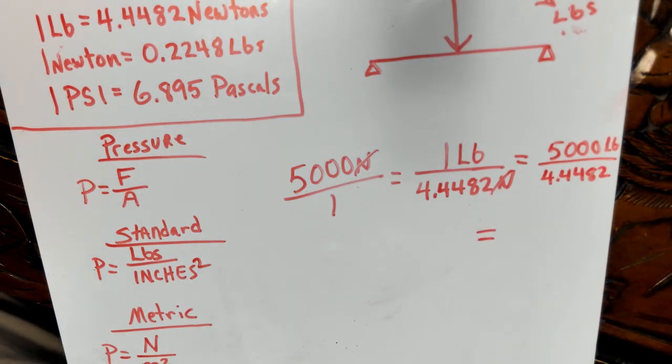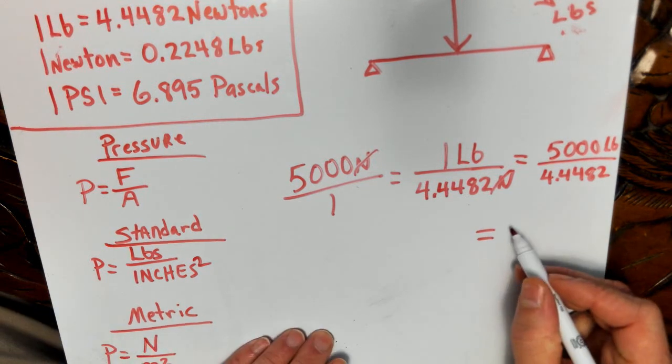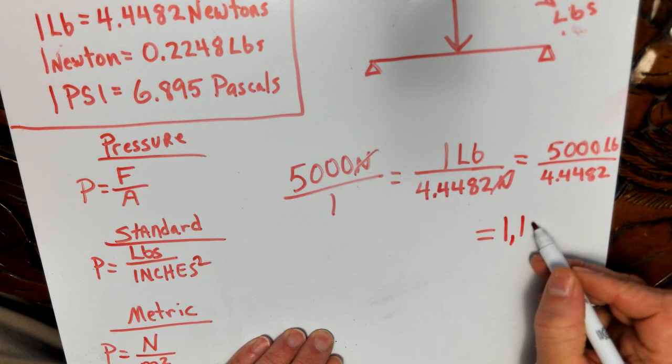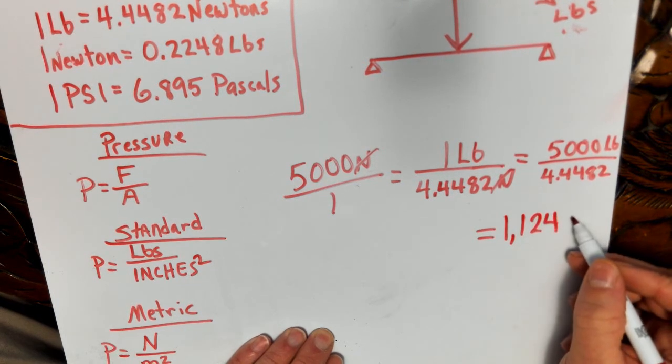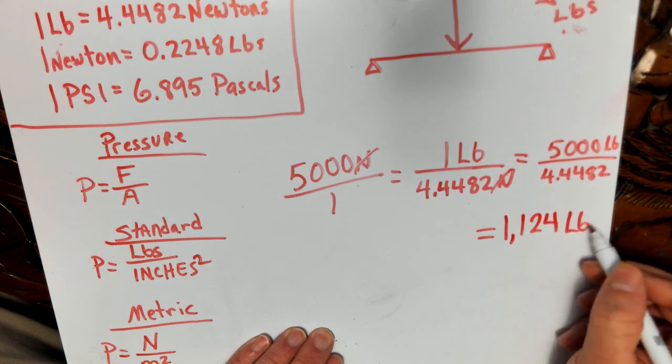And it's always good to double check yourself on your calculations when you're doing this mathematically, just to make sure there's no discrepancies. So when we look at this, 5,000 newtons is equivalent to 1,124, and that's good, pounds.